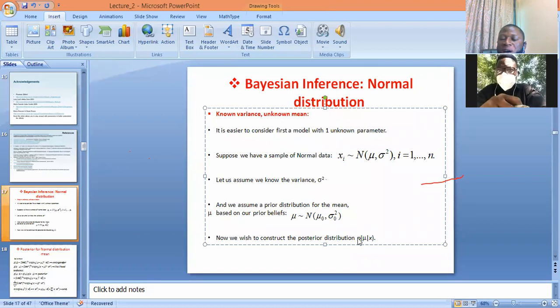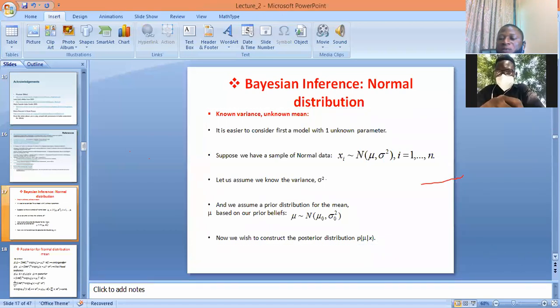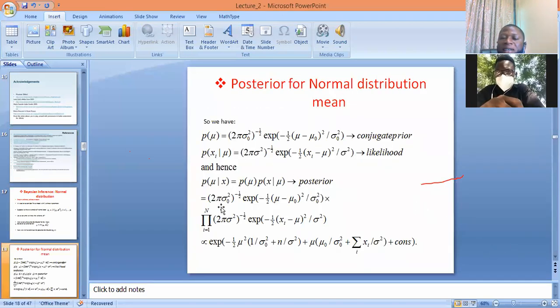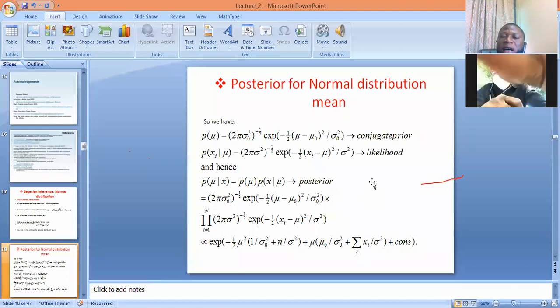Now, we have stated in our previous lectures that the posterior distribution of the parameters is equal to the product of the distribution of the data likelihood and that of the prior distribution for the parameters. So if we are saying that the data has a normal distribution and the prior also has a normal distribution, then we multiply the two together to get our posterior distribution, and that is what we are going to do here.